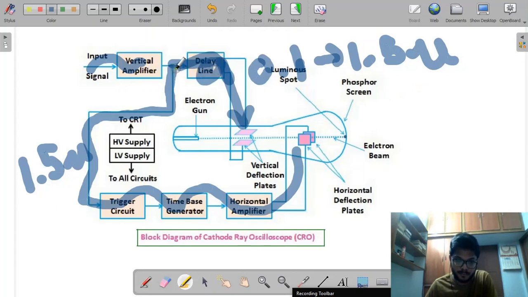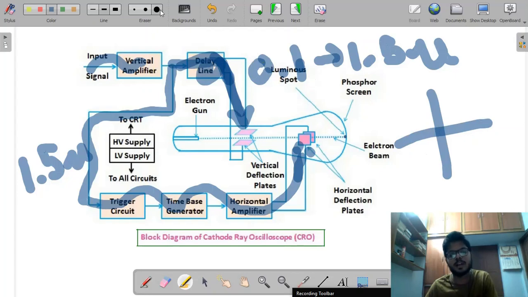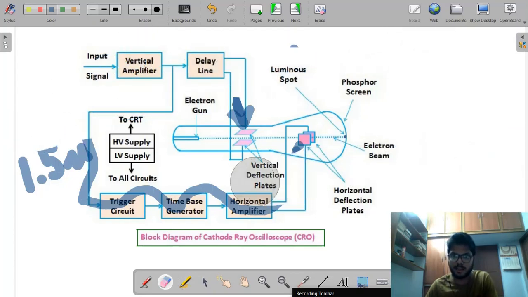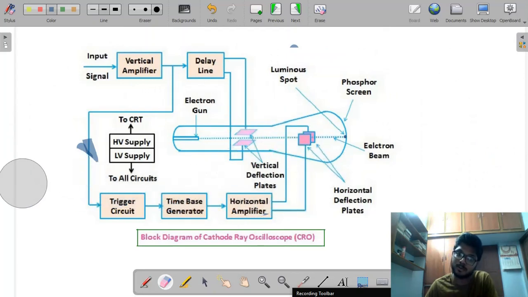If the delay line is present, both signals reach at the same time. So there will be a synchronization such that the x-axis and y-axis are produced properly. If there is no synchronization, the x-axis and y-axis will be produced, but it won't be clear to us.